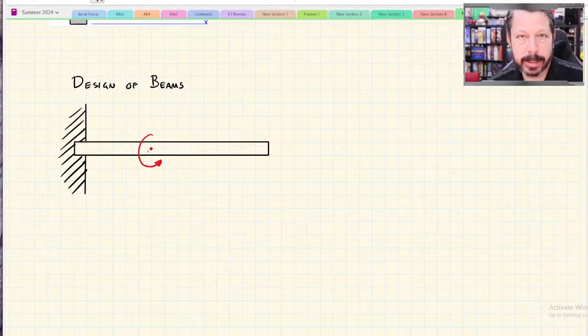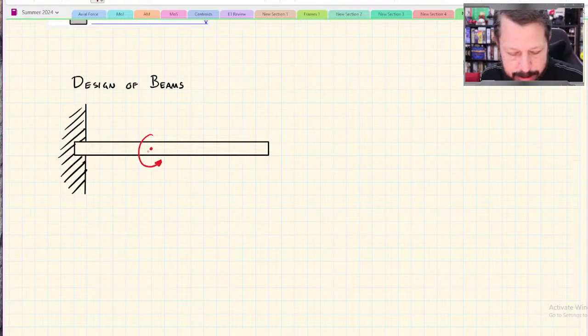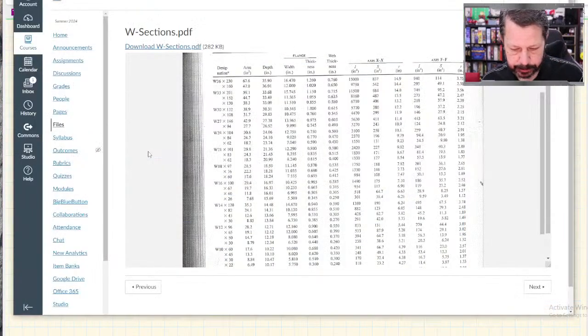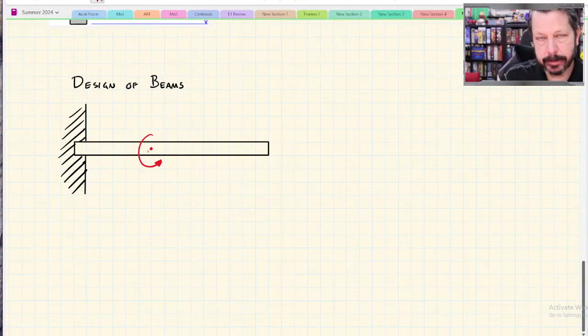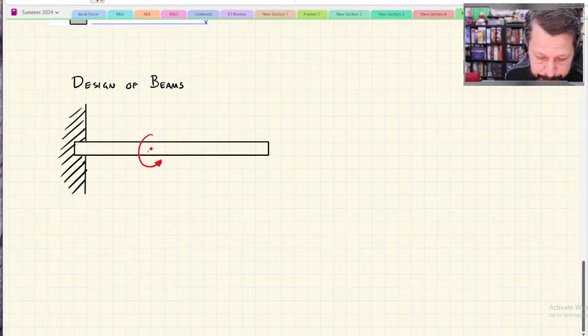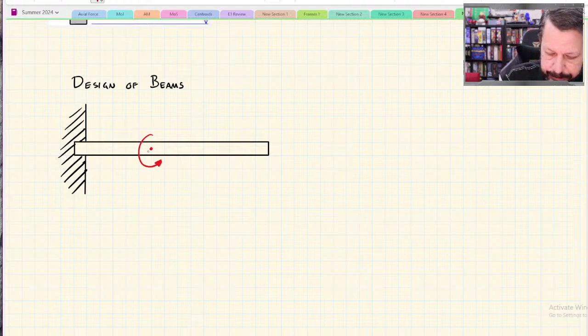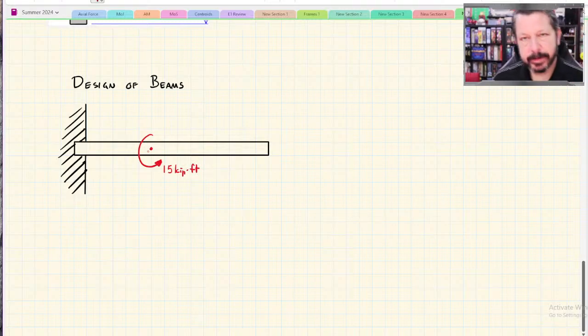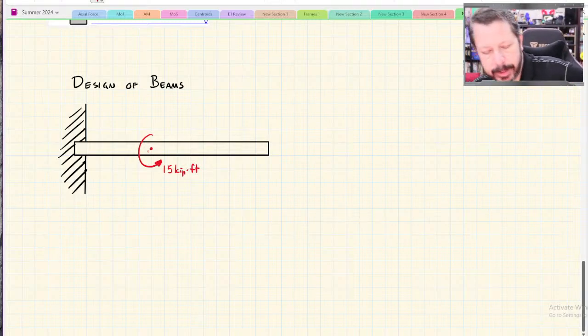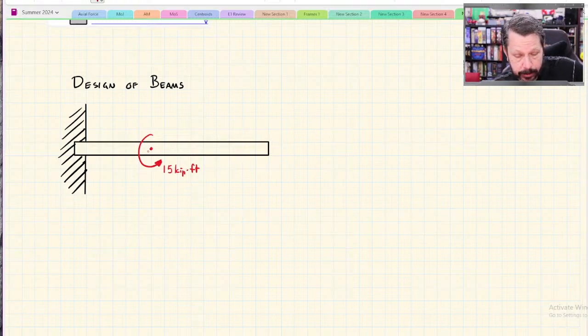Remember, that could be some kind of beam connection that's got a load applied to it that's trying to twist the beam right here, or something's trying to twist the beam at this point. The chart that I had was for US units, so let's put this in kip-feet, and say that it is, let's do 15 kip-feet. So it's 15,000 foot-pounds. So a relatively large external moment there.